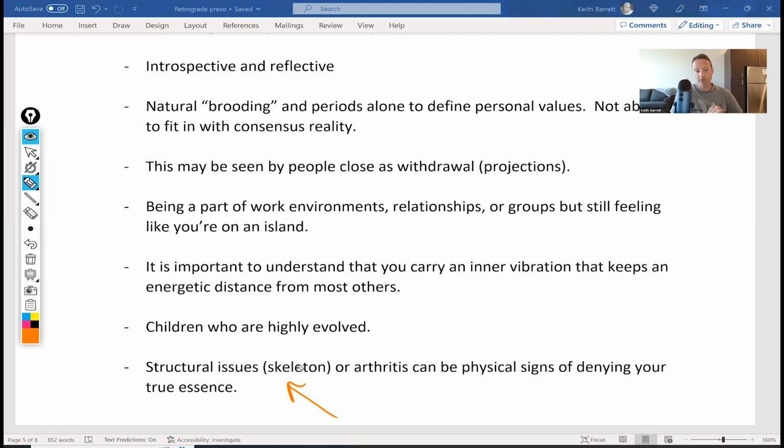Things like arthritis or actual issues with your spine or your bone systems and bone structures. If you do, that's feedback to say, hey, are you in environments, or are you denying your own soul essence in some form or fashion with the way you're living your life? That could be the underlying cause of these physical conditions.